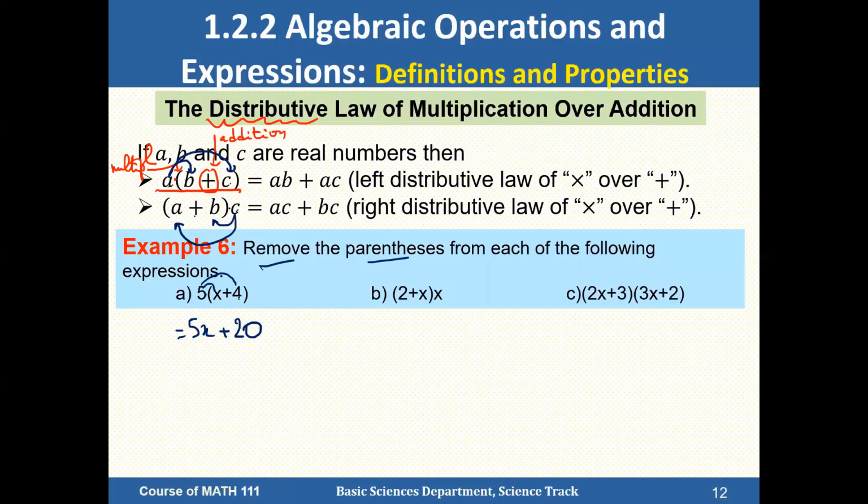We distribute it. Here the same, we can't distribute since we have multiplication outside, addition inside. First تعطيني 2x plus x times x here x square, and I removed the parentheses. Here the same, I can distribute.